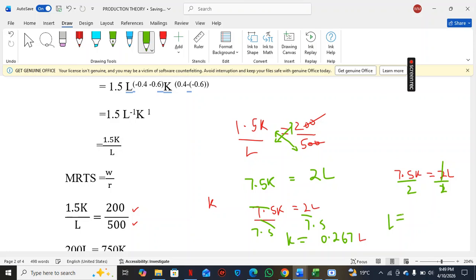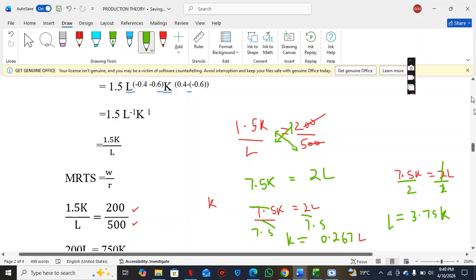Okay, so you're going to say 7.5 divided by 2, you get L equals 3.75K.